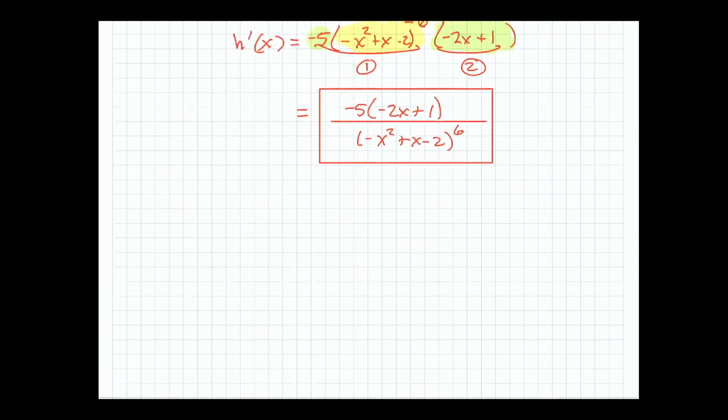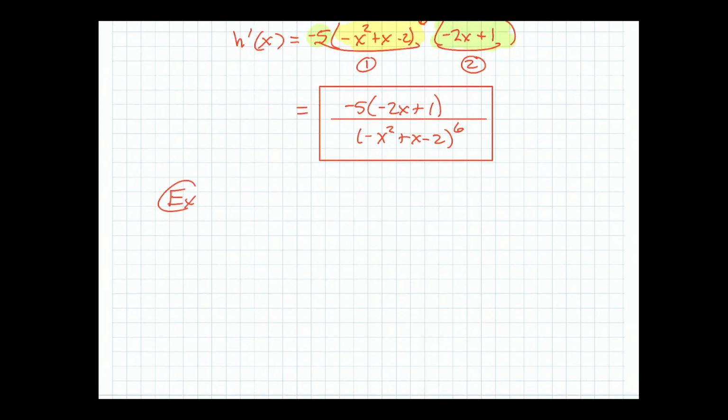All right. So this is just like the table problem, but there's no table. They just give you what looks like a string of numbers and it's confusing to look at. So they say let h of x equal f of g of x.